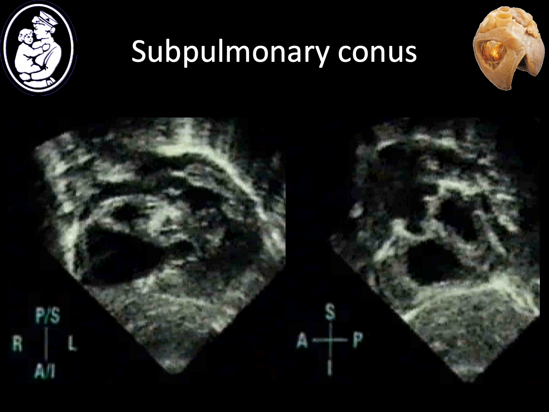This infundibular muscle is often called the muscle of Muller, particularly when present in transposition of the great arteries. So this is discordant or transposition ventriculo-arterial alignment associated with only subpulmonary infundibulum as a connection.